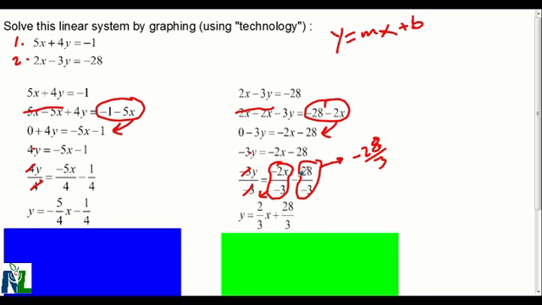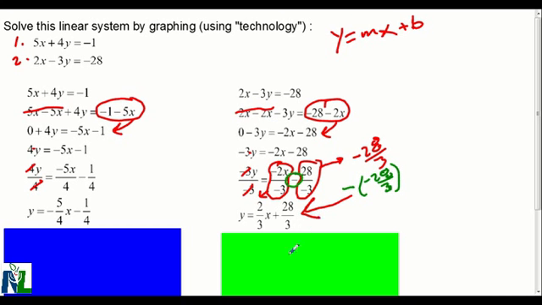But recall, in the center here, we have a minus. So we have a minus a negative 28 divided by 3. Well, a minus a negative 28 divided by 3 will be plus 28 over 3. So I end up with y equals 2 over 3x plus 28 over 3. And the second equation is now in the y equals mx plus b form.